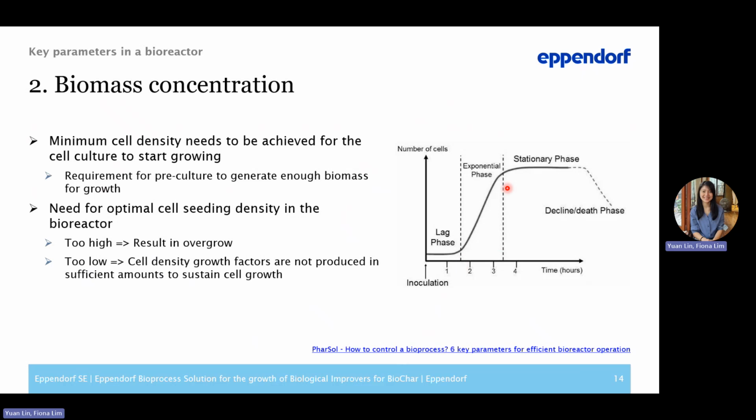And that would be the exponential phase where the cells start to grow and double rapidly within the 2 hour time frame that we're given. And once they have reached their optimum growth environment, they will start to reach their stationary phase.